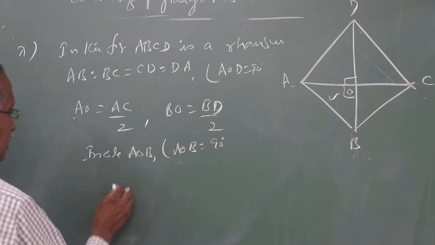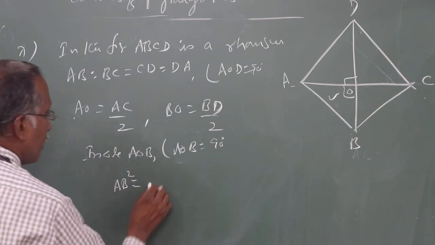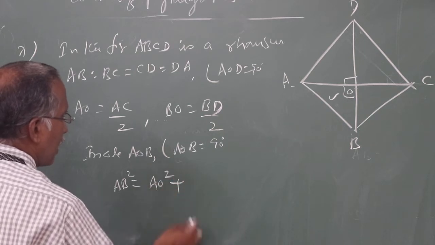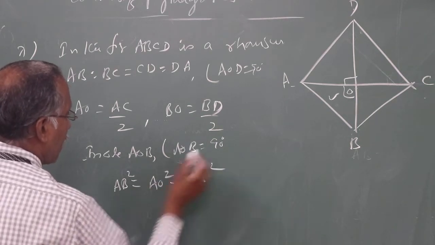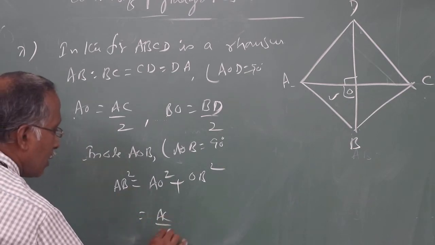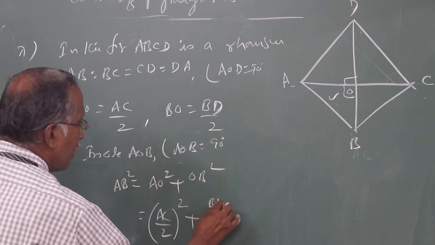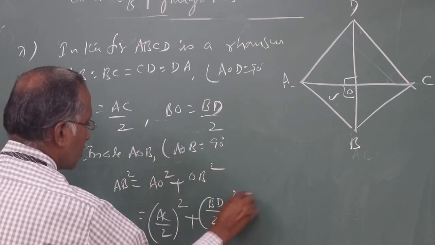By Pythagoras theorem, what do you write? AB square is equal to AO square plus OB square. You know very well that AO is equal to AC by 2, so AC by 2 whole square. OB square means BD by 2 whole square.